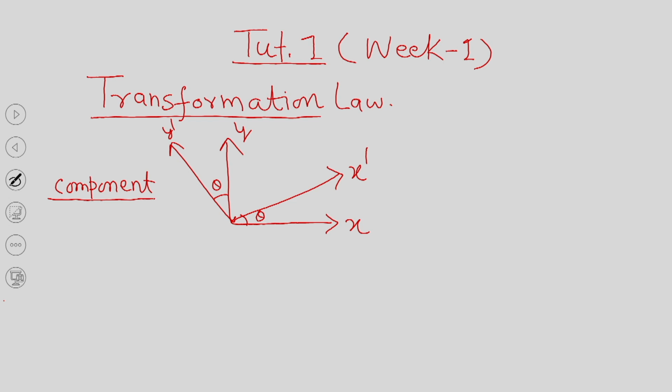first of all we will write a transformation matrix. So, x dash will have two components, one along x axis, one along y axis. Along x axis it will be x dash cos theta, and along y axis it will be x dash sin theta.